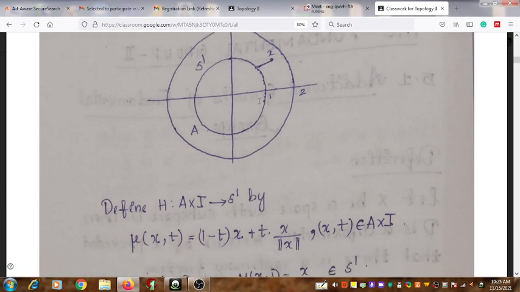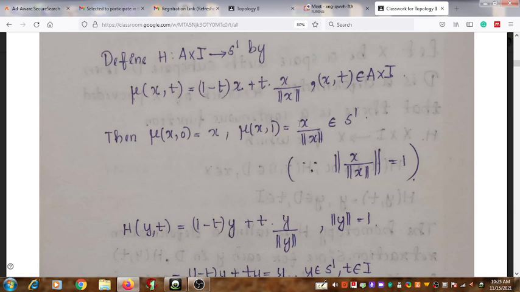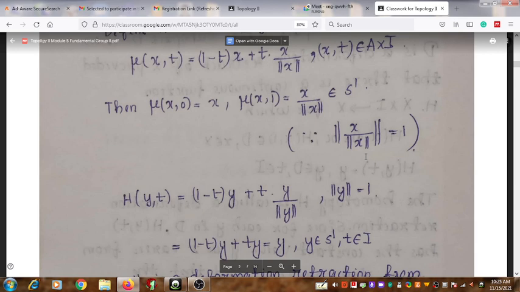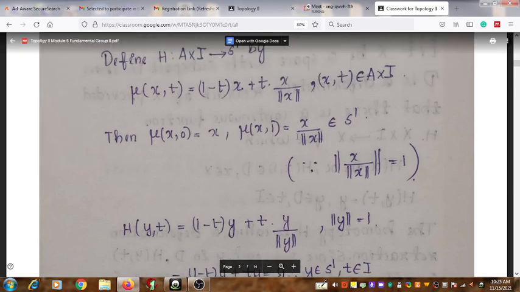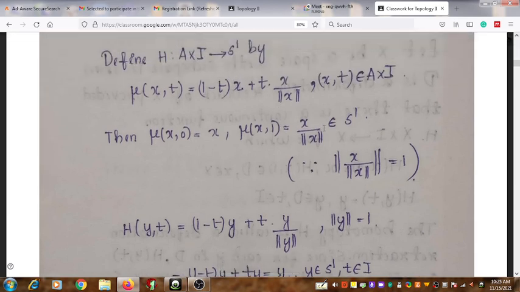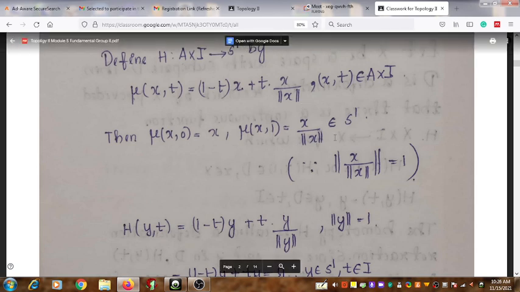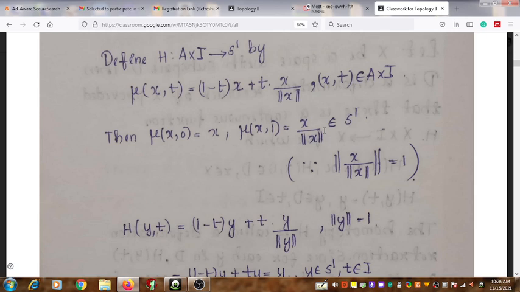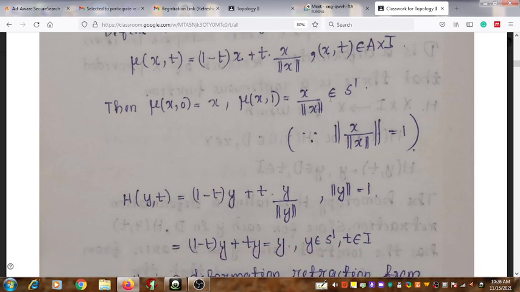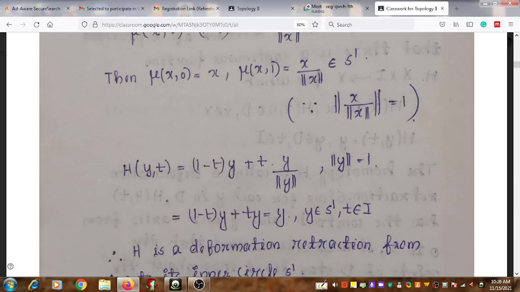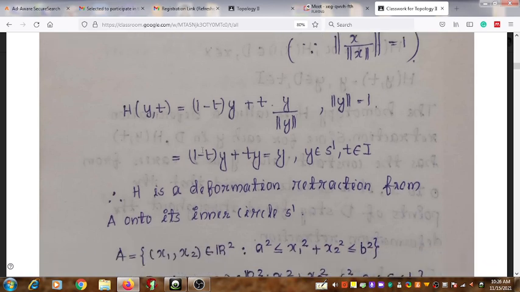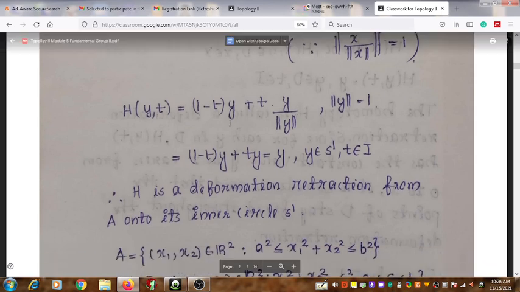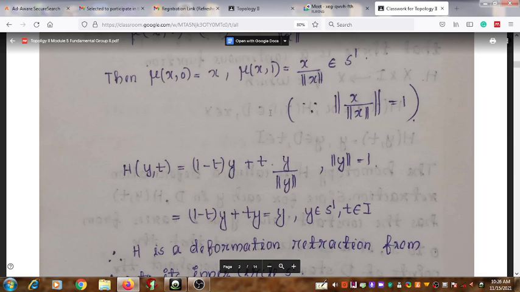That point is the point mentioned here, so it is an element of S1. And you can also verify that the norm of this expression is equal to 1. Therefore the second condition is verified.